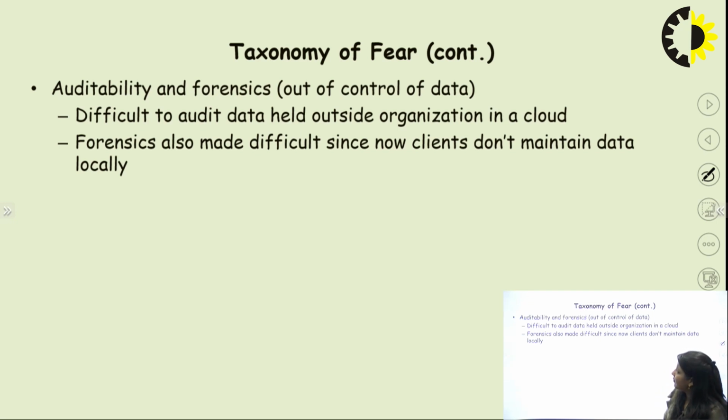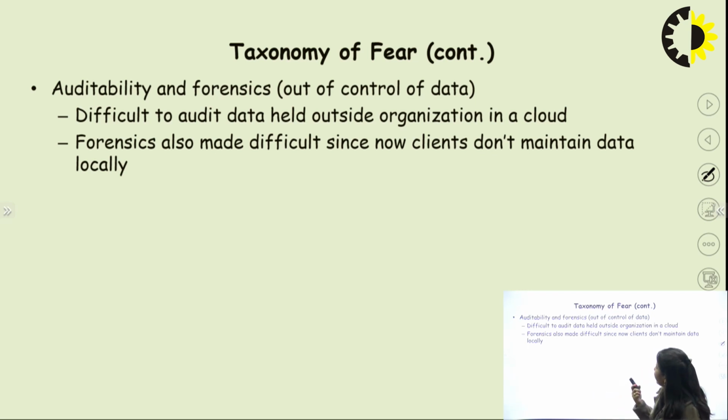Next is auditability and forensics. It means out of control of data, meaning it is difficult to audit data held outside the organization in a cloud. Audit means monitoring. So there are several cloud auditors which will do one kind of monitoring or auditing of the performance of the services. So it is very difficult to audit data held outside the organization in a cloud.